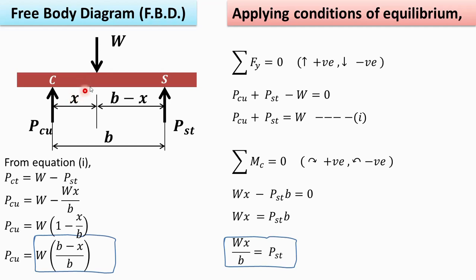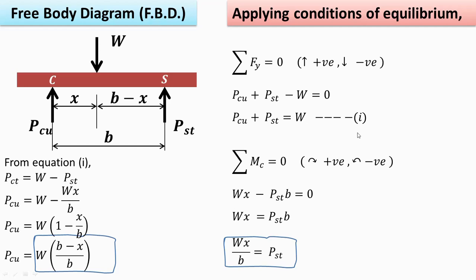So W into x is the clockwise moment, so it is positive. Whereas this PST will produce anti-clockwise moment about C, so it is negative: minus PST into B. PCU passes through C only, so it will not have any moment. Transfer this negative term to the other side. So Wx upon B will be equal to PST.